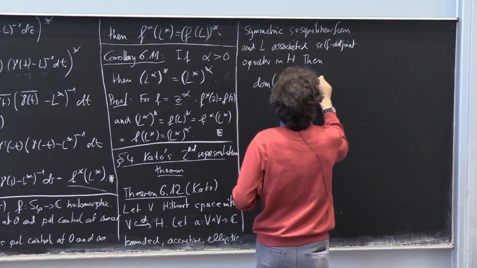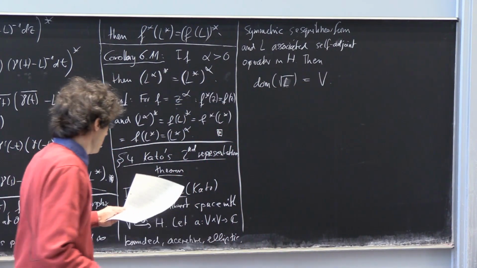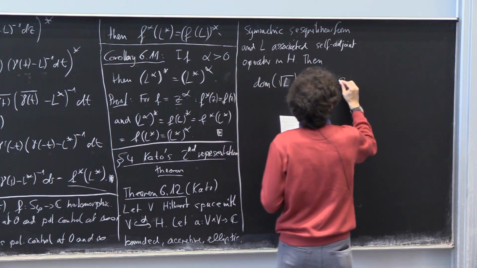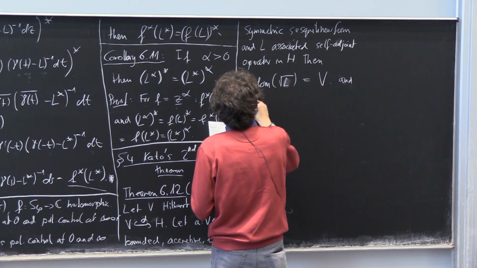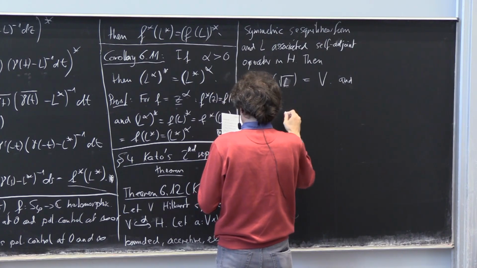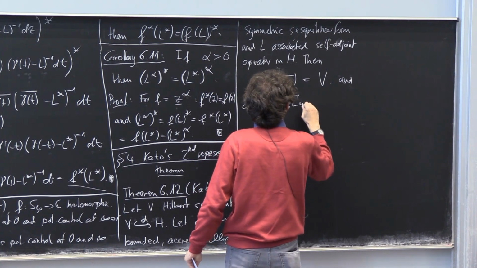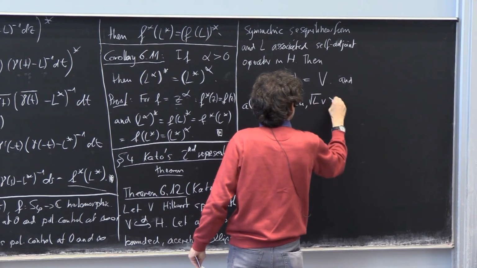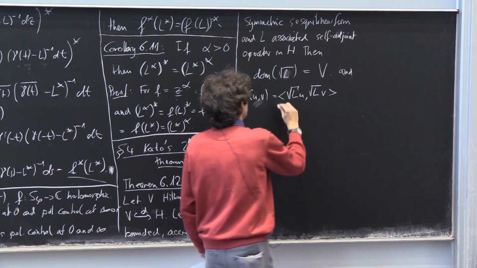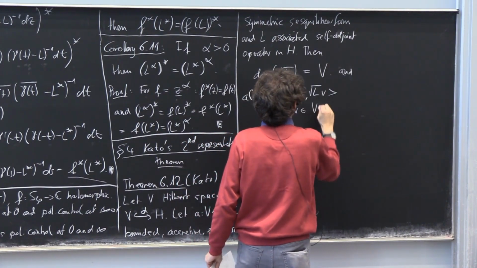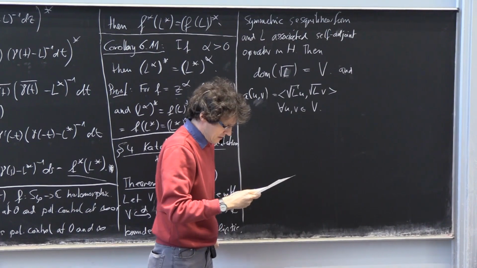you know what this domain is, and it's exactly V. It's exactly the form domain. And you even have a link between the square root of L and the form, saying that A(u,v) is the same as the H scalar product of square root of L u and square root of L v, with equality here for all u and v in V. And both sides are defined on V, so this is fine.